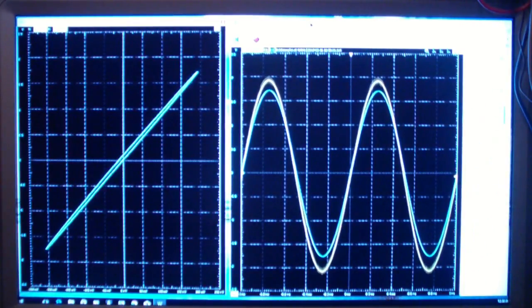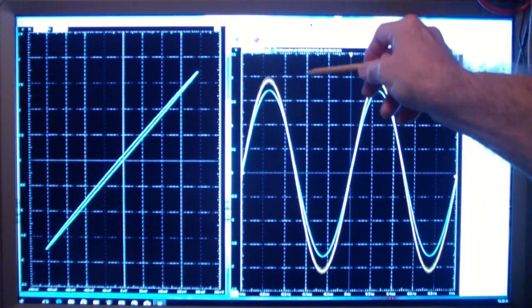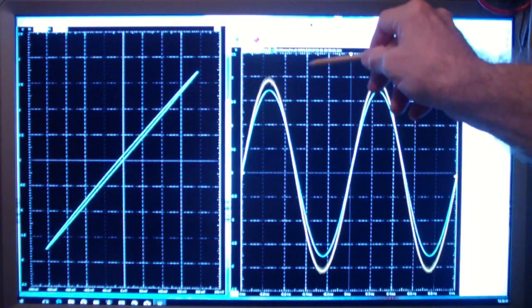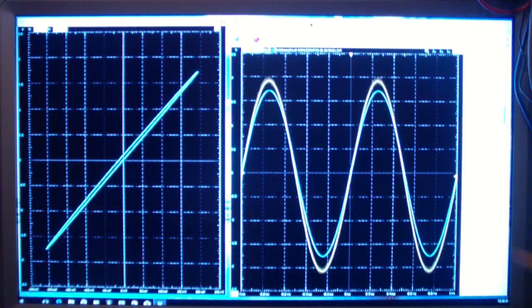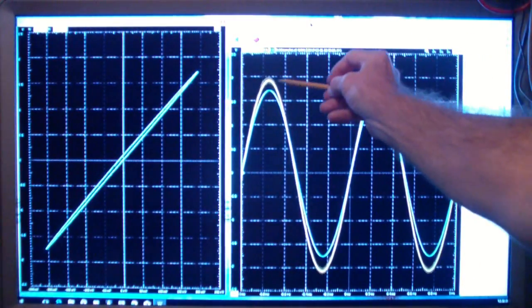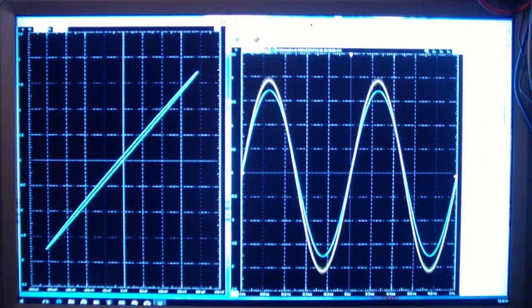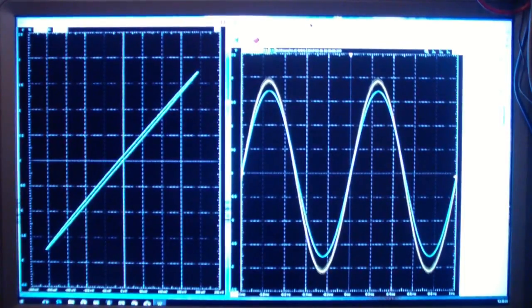But I have the channels adjusted so that there is a roughly 10 to 1 difference between the input and output. So I have the input set 10 times more sensitive than the output, so that they essentially look like the same wave. In other words, when the two are identical, that means that the overall stage gain is 10 or 20 dB.